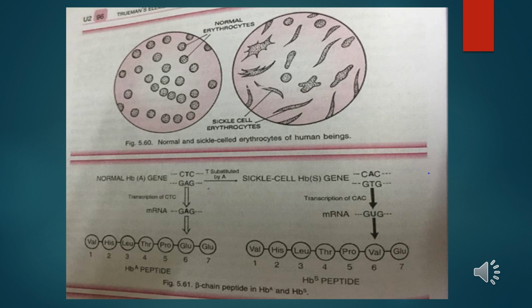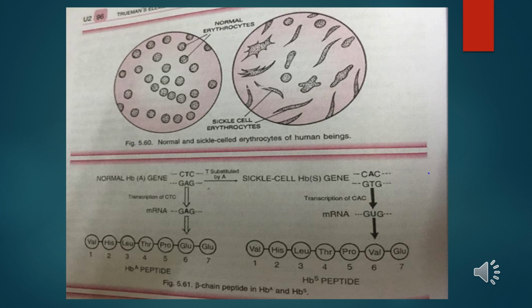You have heard about purines and pyrimidines: cytosine, thymine and cytosine, and this one is cytosine, adenine and cytosine. These are the two strands of DNA, and they change into messenger RNA, which we have studied earlier. Replication, transcription and then translation occur, and after transcription messenger RNA is formed, GAG and GUG. This you will study in the Molecular Basis of Inheritance chapter.